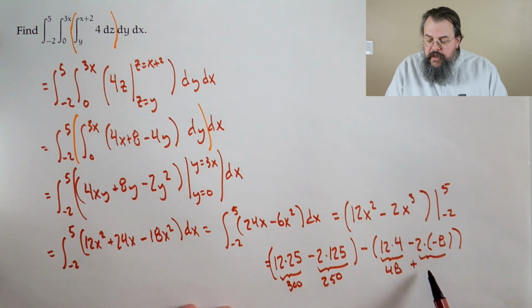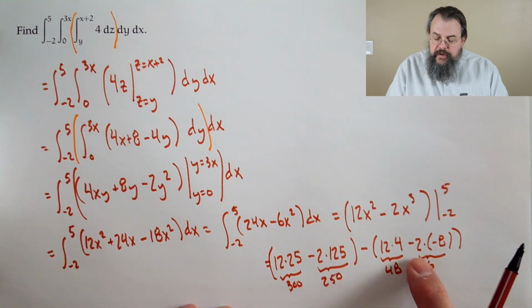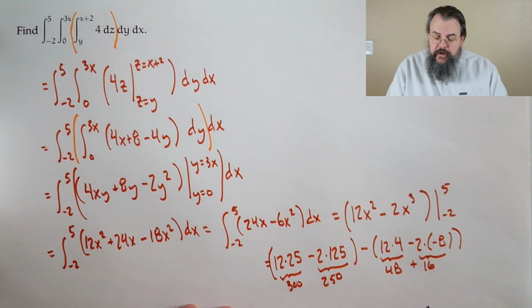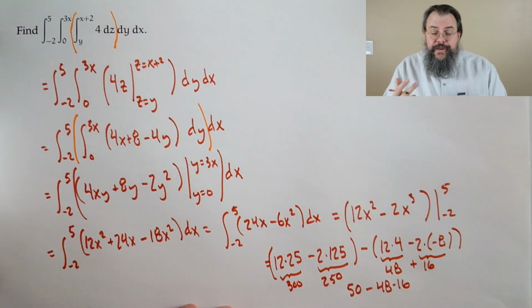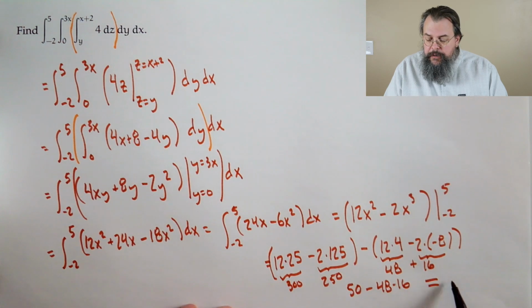Here, 2 times 8, 16. The reason it's plus is 2 minuses. So 300 minus 250 is 50. Then we're going to subtract 48 and also subtract 16. Well, if you take 50, subtract 48, that's 2. That's easy. Now you subtract 16 more, and we end up with -14.